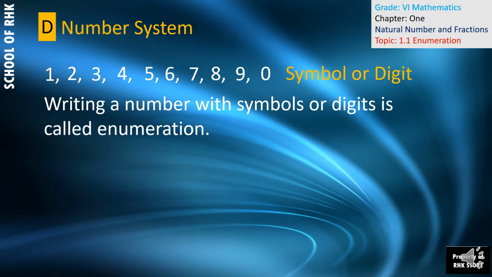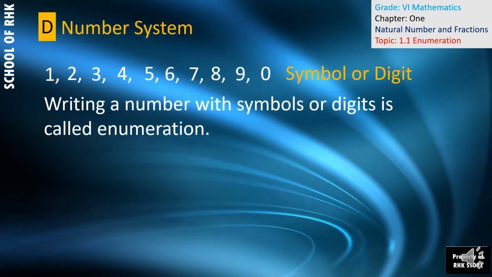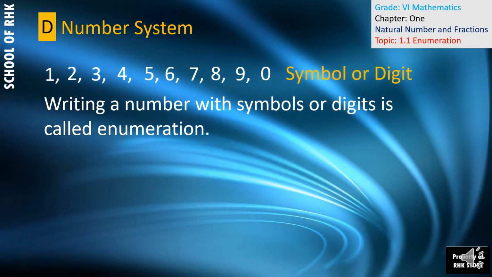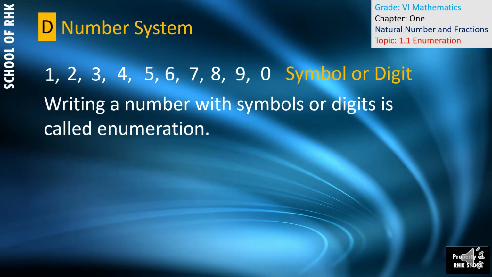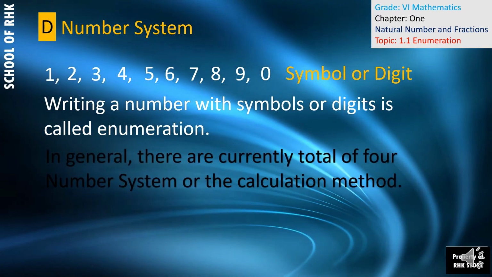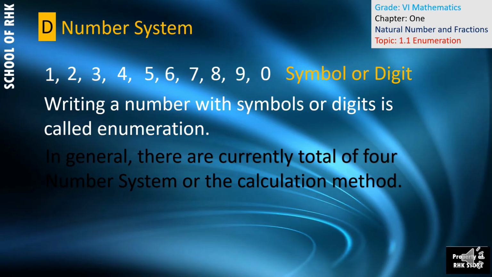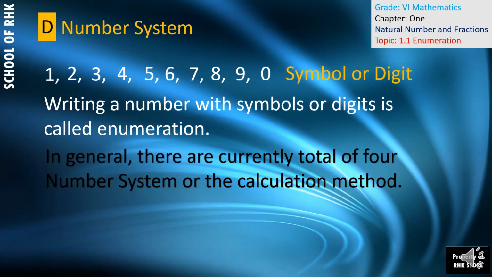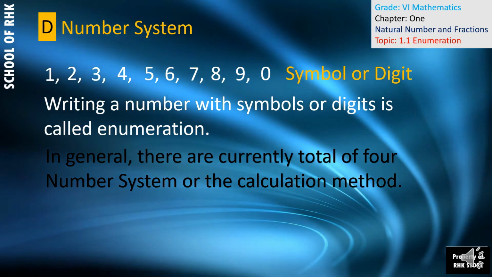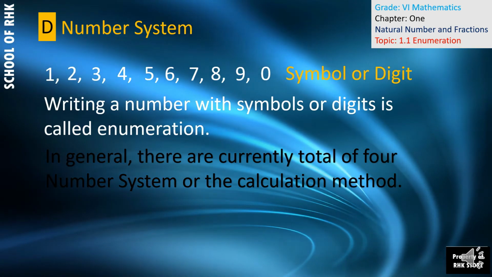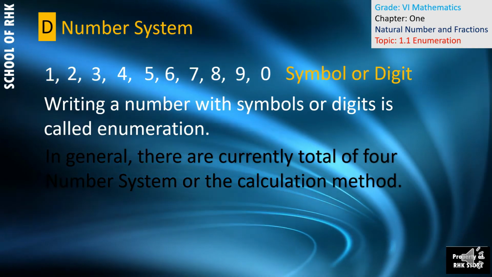Before we proceed further, the knowledge about different number systems is essential. In general, there are currently a total of 4 number systems in use, which are called the number system or the calculation method.